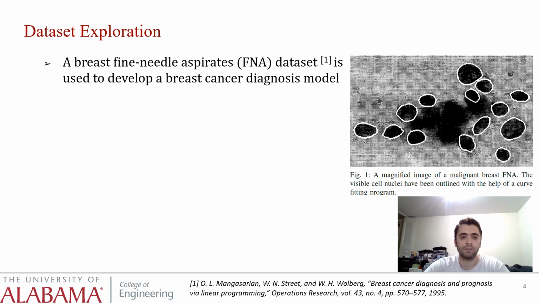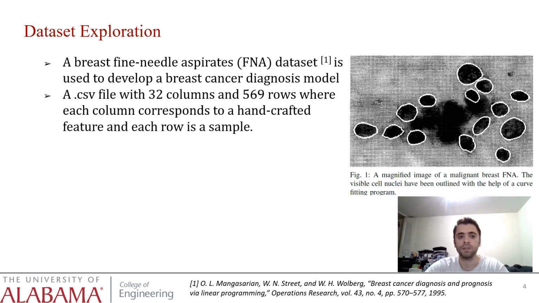A fine needle aspirate dataset is used to develop the breast cancer diagnosis model in this work. The dataset is presented in a CSV file with 32 columns and 569 rows, where each column corresponds to a handcrafted feature and each row is a sample.